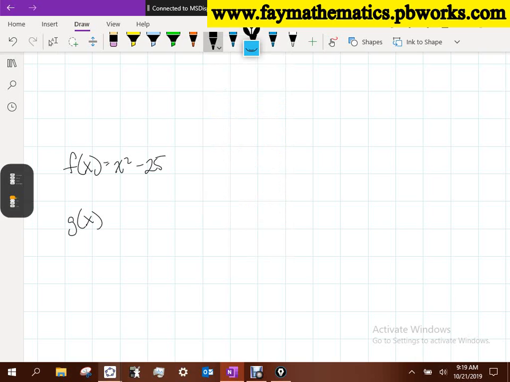G of x is equal to 1 over root x. Okay? So this is, when we're talking about domains, just kind of staying consistent with how it was defined in that blue box. That would be maybe domain A. This is going to have domain B.